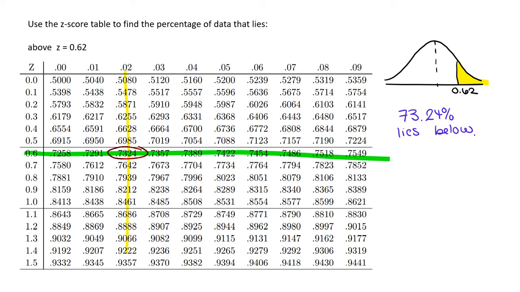So if I want to know the percentage of data that lies above that z-score, I just have one extra step to take. Well, I'm just going to take 100%, all the data, minus 73.24, and I get 26.76. So if you want to know the percentage of data that lies above a z-score, you just have an extra step. You have to subtract the number from 1 or the percent from 100%.